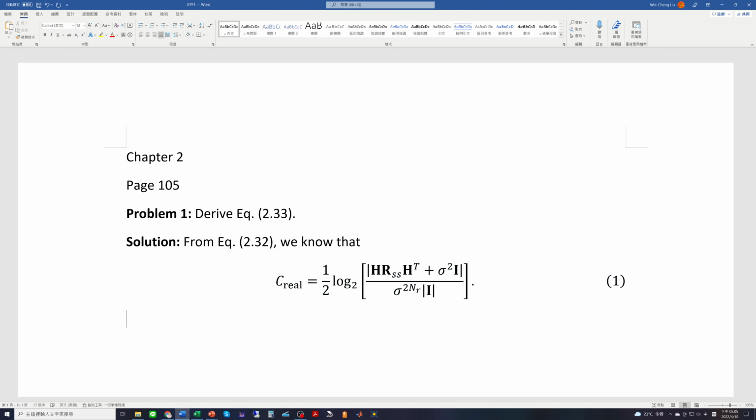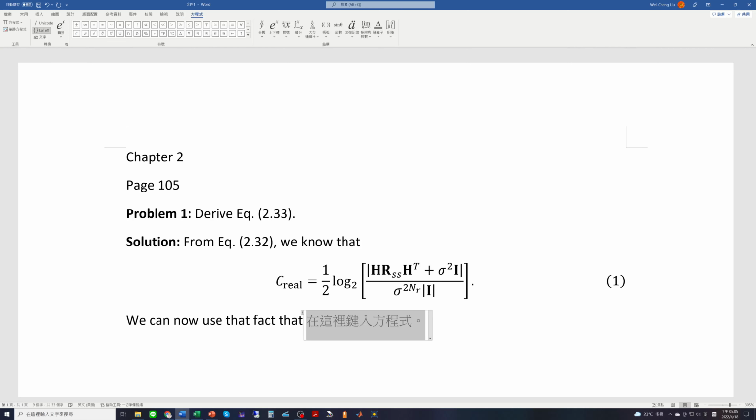Next, we can now use the fact that the determinant of I is equal to 1.